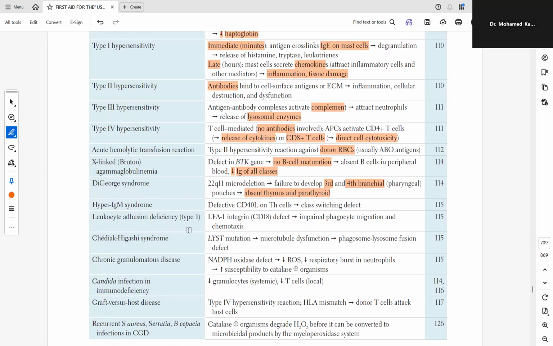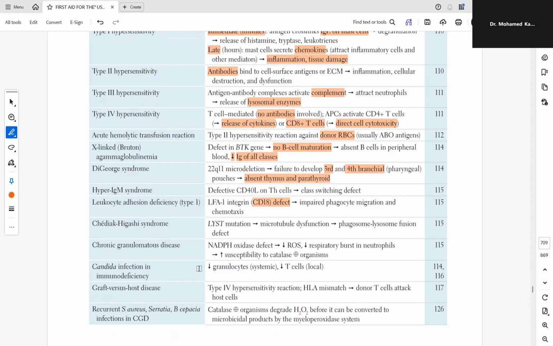Leukocyte adhesion deficiency type 1: LFA1 antigen integrin CD18 defect, impaired phagocyte migration and chemotaxis. Chediak-Higashi syndrome: LYST mutation. What is LYST?